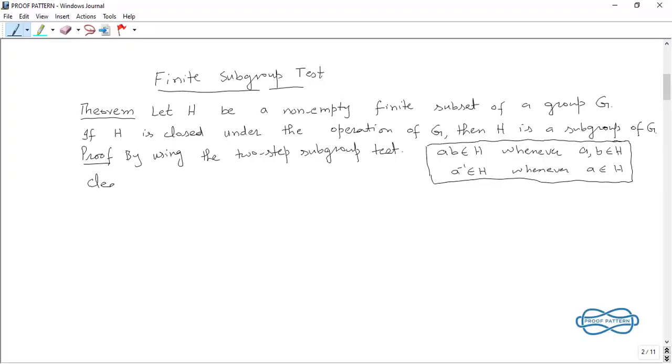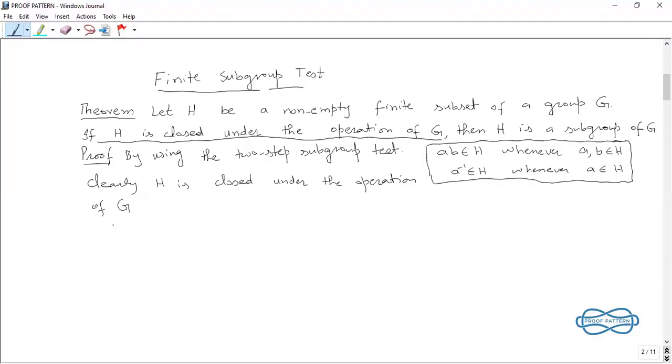Clearly, H is closed under the binary operation of G, which is actually part of the statement of the theorem.